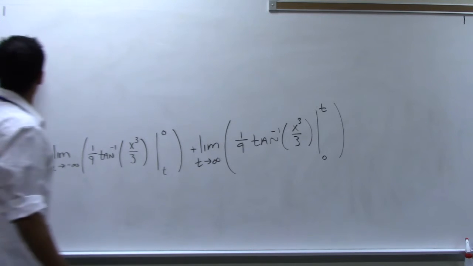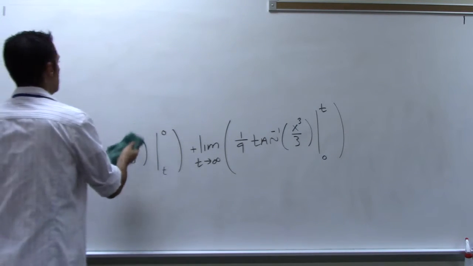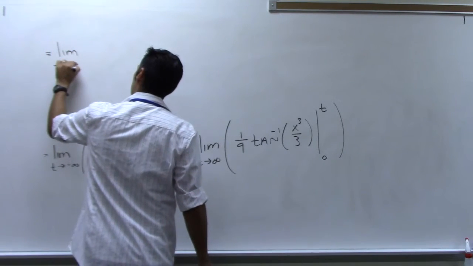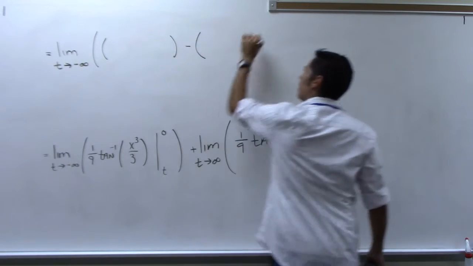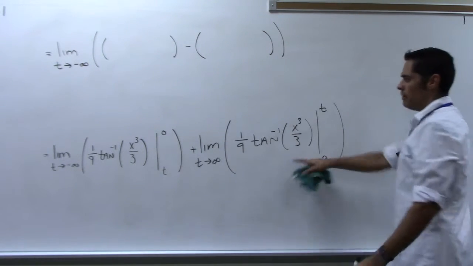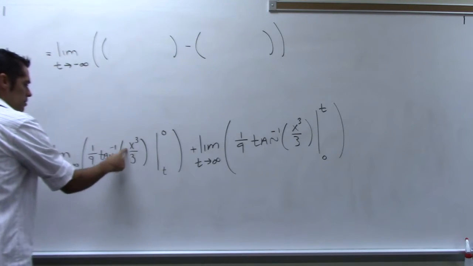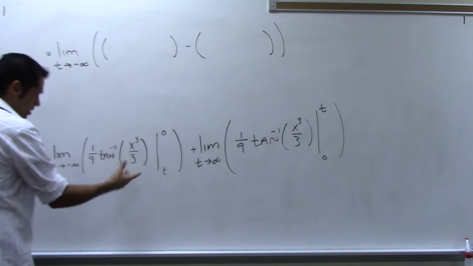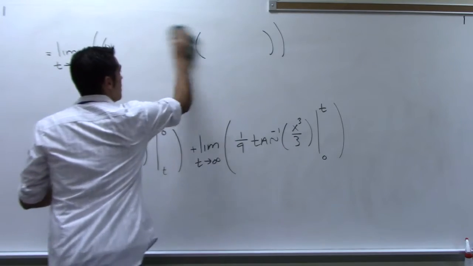All right. So I'm going to get two things out of this. Limit t goes to negative infinity of this minus this. Then I'll have another one, but let me do this one first. If I plug 0 in, I get 0 here. Arctangent of 0 is 0, and times 1/9, it doesn't matter. So that whole first part is 0.